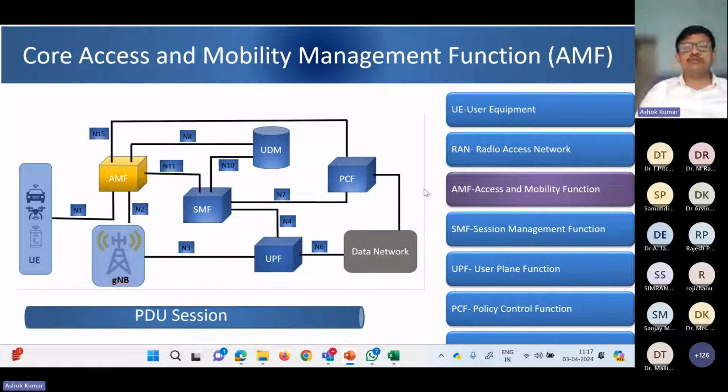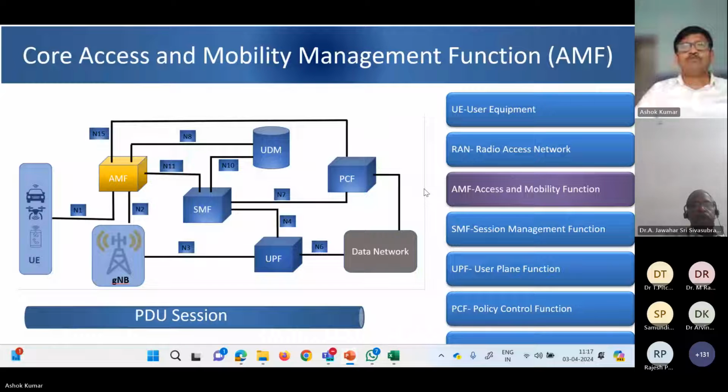Yeah. So what I was explaining is that there are two kinds of data flow within the network. One is the user data. For example, if I am watching YouTube or browsing, the exact data which I am receiving or transmitting. The other is the control plane data for authentication, authorization and other management.